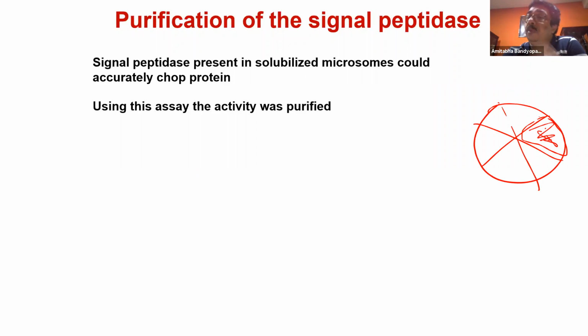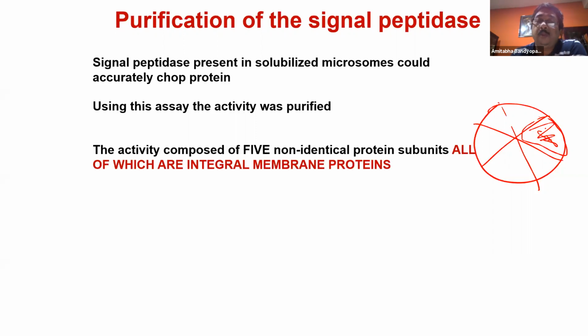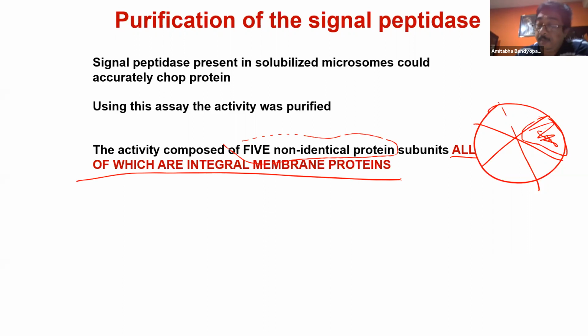That's the way you purify eventually the protein. We call it purification of the activity, then identification of the protein. So using this activity, chopping the nascent peptide, they purified the peptidase, and they figured out that the peptidase has 5 non-identical protein subunits, and all of them are integral membrane proteins.